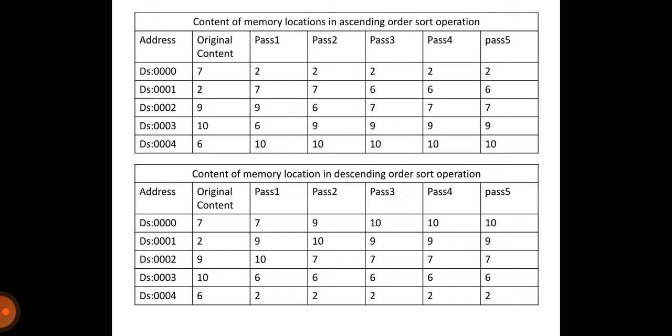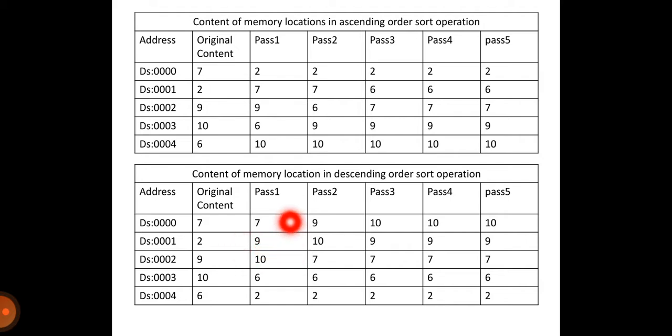I will repeat once again. For descending order, 7 compare with 2, no change, 7 will be as it is. 2 compare with 9, 9 comes first. 2 compare with 10, 10 comes first. 2 compare with 6, 6 comes first.